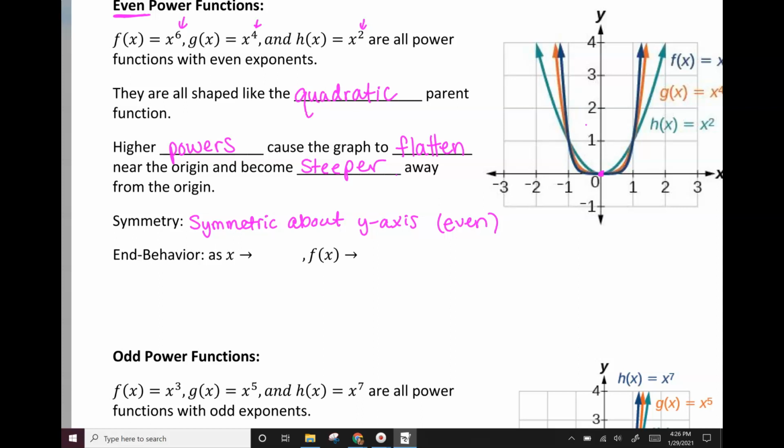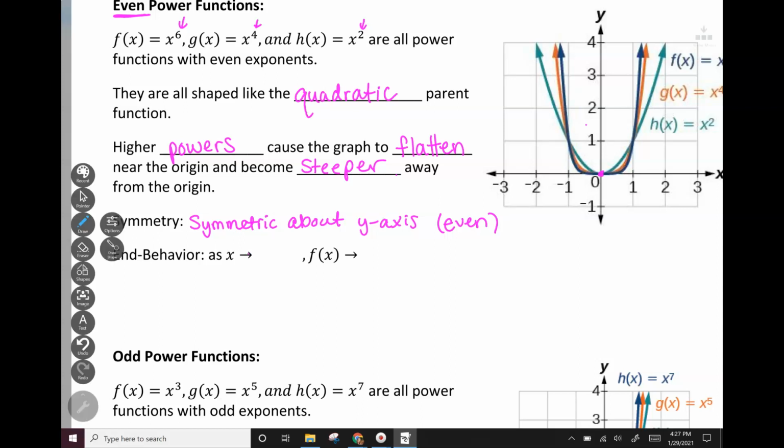Now, end behavior. End behavior is talking about what happens to your curve as x gets really big, so approaches positive infinity, or as x gets really small, which means approaching negative infinity. So let's look at our graph and think about this.